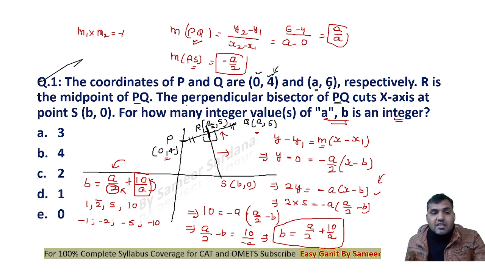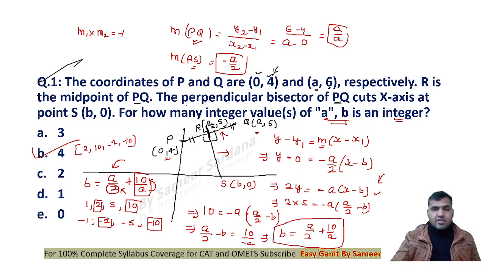So the factors of 10 which are divisible by 2 are 2, 10, minus 2 and minus 10. So for these four values of a, b will also be an integer. If I want a and b to be integers, the four possible values are 2, 10, minus 2 and minus 10. That's it. This is the correct answer to the question.